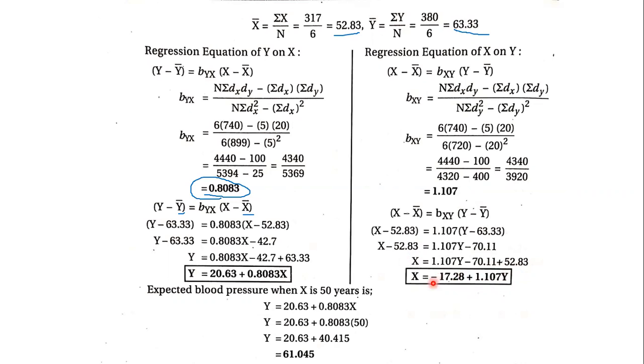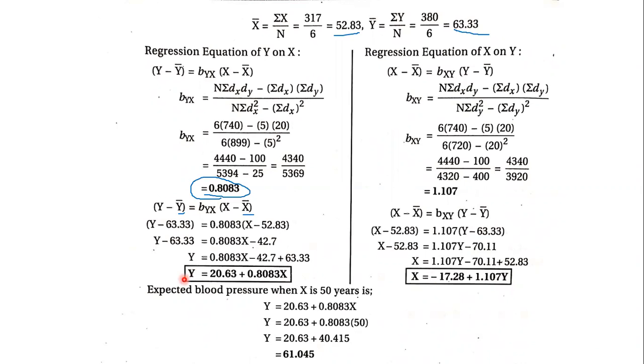Even though it is in minus, put the constant first and then take the variable. Always put the constant number first and then consider the variable in the second place. So that is your x on y equation.